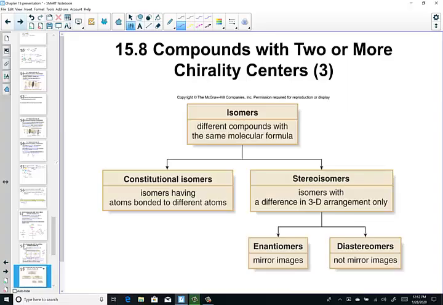Stereoisomers have the atoms bonded in the same order, but in a different three-dimensional arrangement. Stereoisomers can be categorized as enantiomers, if they're mirror images, or diastereomers, if they are not mirror images. Those working vocabulary words are critical for success as you round out your practice with chiral carbons.